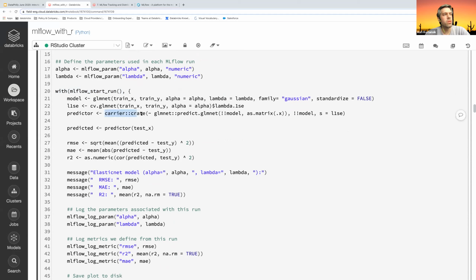We actually use the create function from the carrier package to turn the predict function of our model into a more generalized function with all of the dependencies associated with it. So this is extracting the model object and turning it into a function that can be ported to other processes. This is a key step in the R API of how you can hand off this model to other processes.